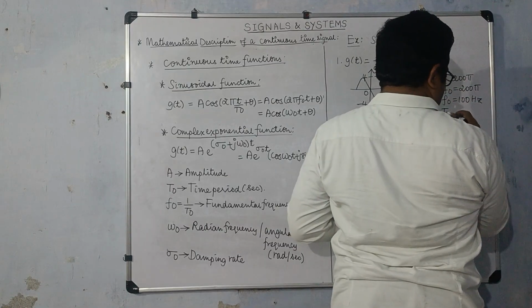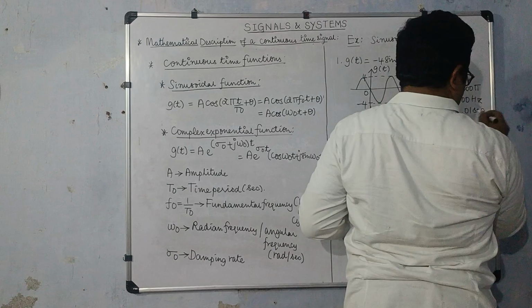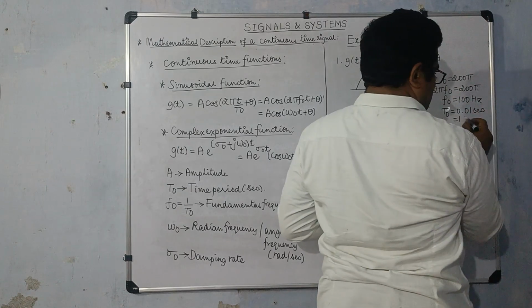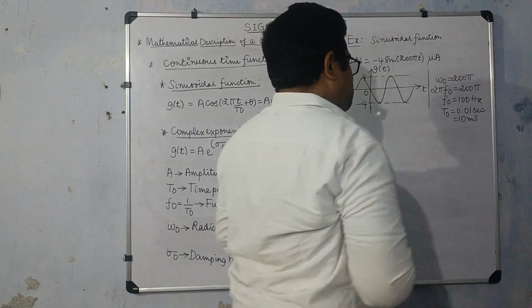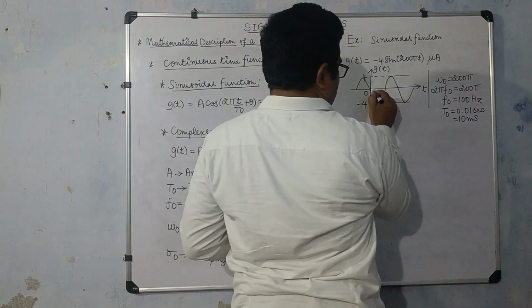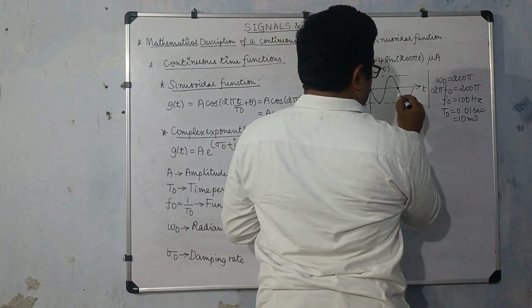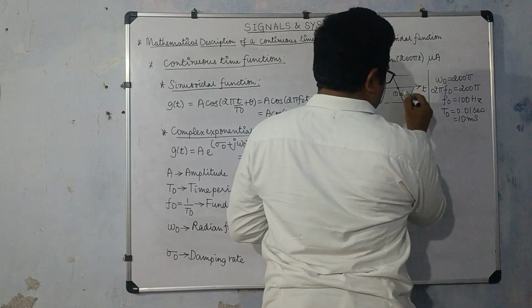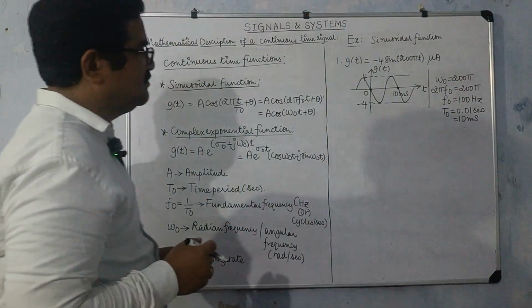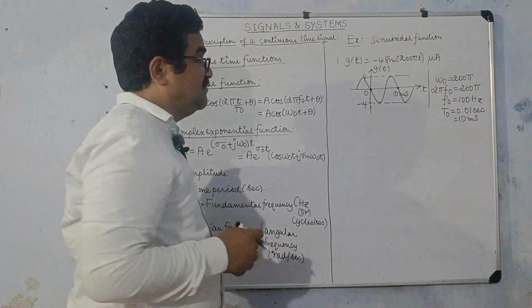If I calculate T naught, which is equal to 1 by f naught, it is 0.01 second, or if I multiply it with 1000, 10 milliseconds. That is the time period. Starting from here, this is my one complete cycle. At this point, the time is 10 milliseconds. This is the first example for a sinusoidal function.